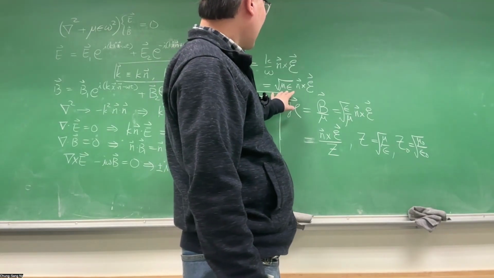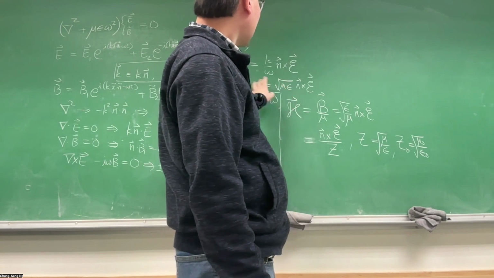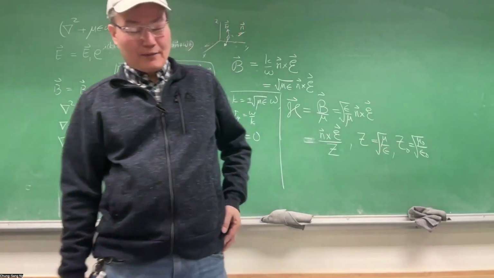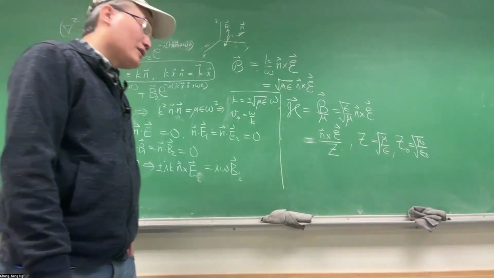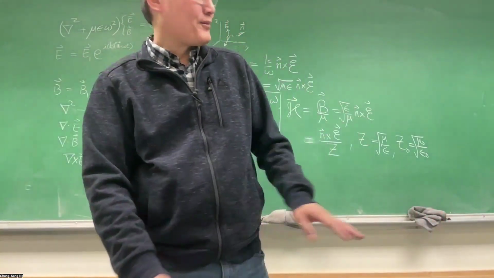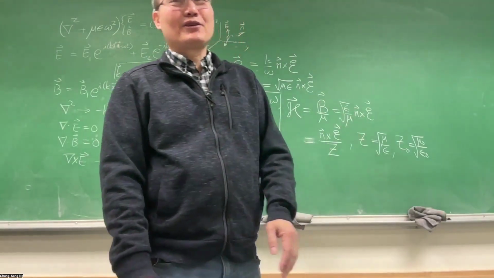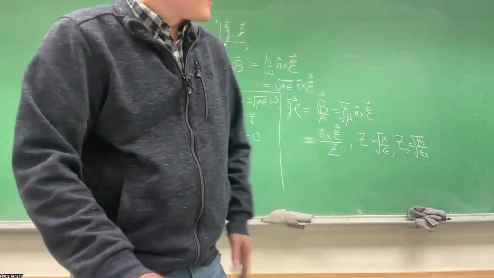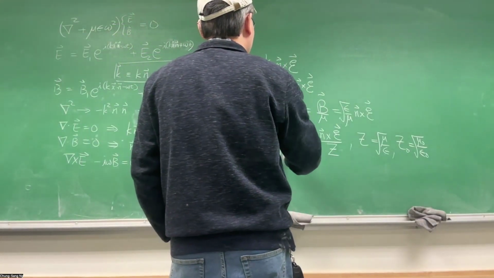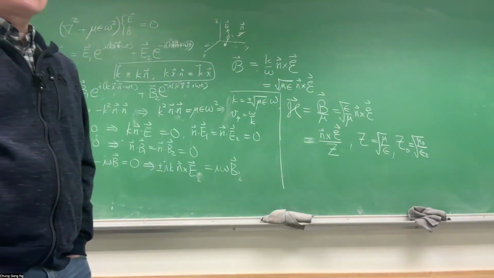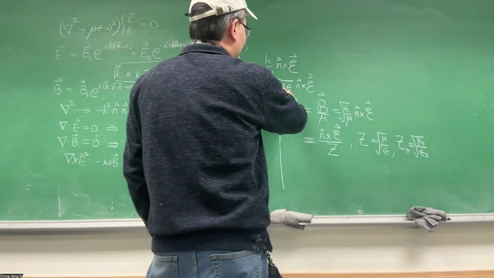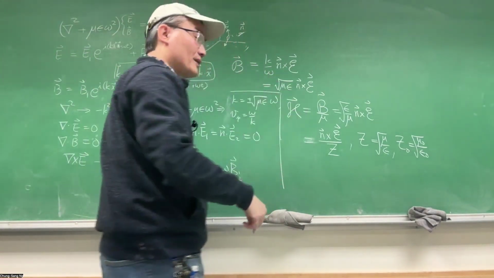But if you work out the same relationship using Gaussian units, it would be much easier. Then you do not have all these things. In Gaussian units, all the fields, the electric field, magnetic field, even the H field and D field, all have the same dimension. So you can forget about all this complication, all this mu epsilon. I mean, you still have mu and epsilon, but they are relative, like the relative dielectric constant or the relative permeability.